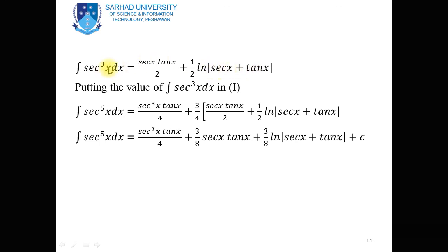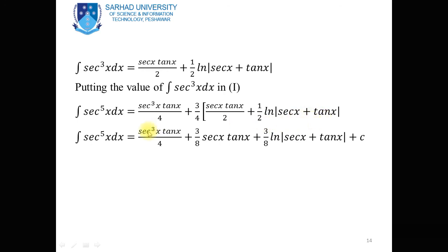Now putting the value of this integral in equation number 1, we have the integration of secant x power 5 with respect to x is equal to secant cube x into tangent x divided by 4 plus 3 by 4 into secant x into tangent x divided by 2 plus 1 over 2 into log of secant x plus tangent x.